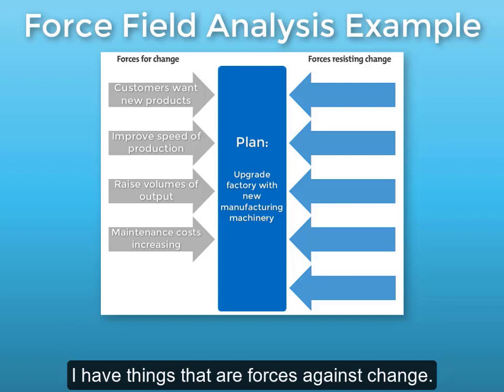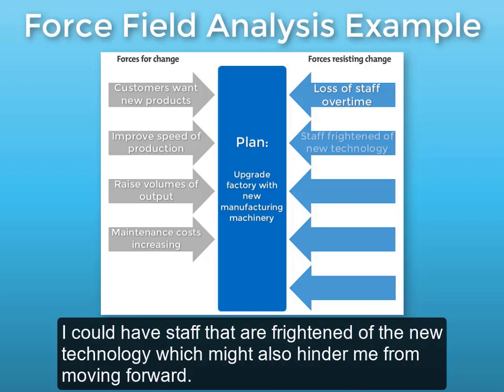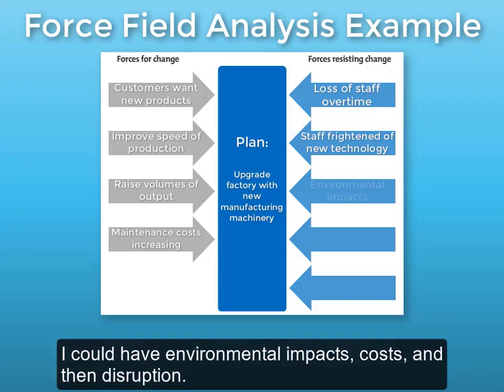I have things that are forces against change. I could have loss of staff overtime. If people are losing their overtime, they're not going to be on board with me making this change. I could have staff that are frightened of the new technology, which might also hinder me from moving forward. I could have environmental impacts, costs, and then disruption.